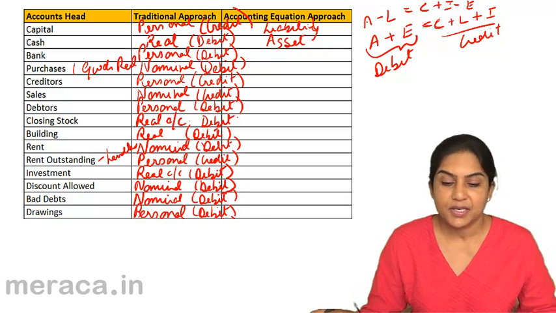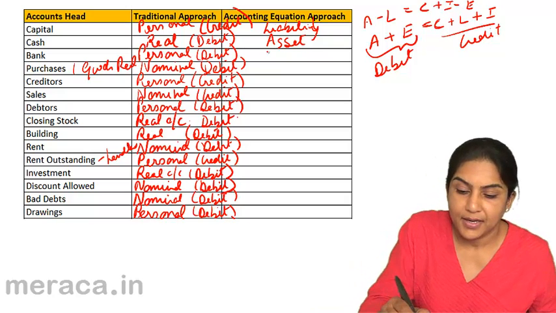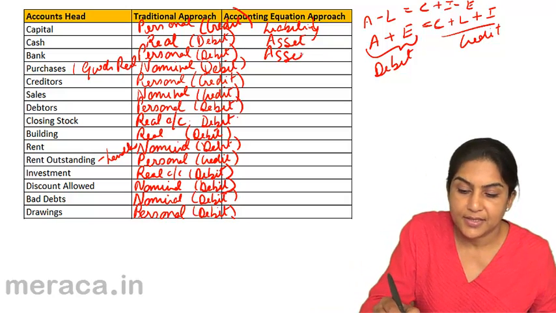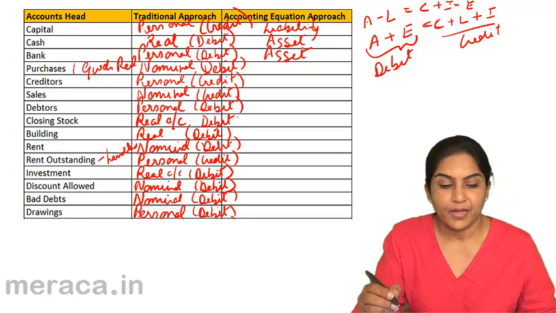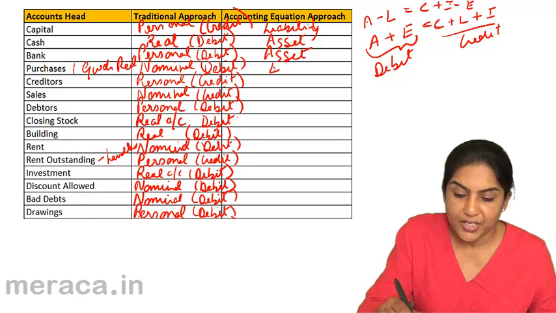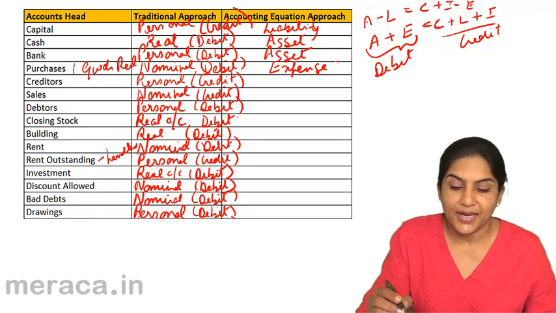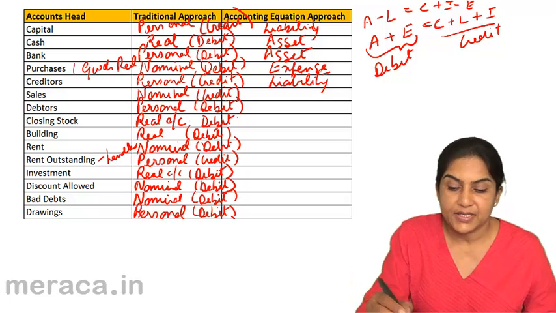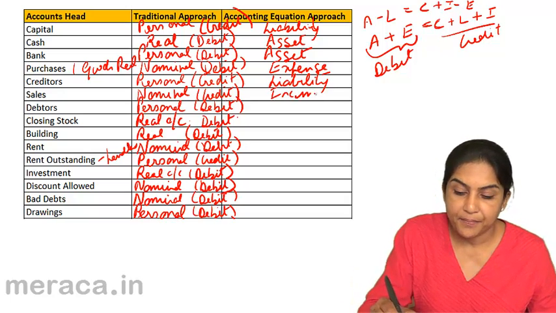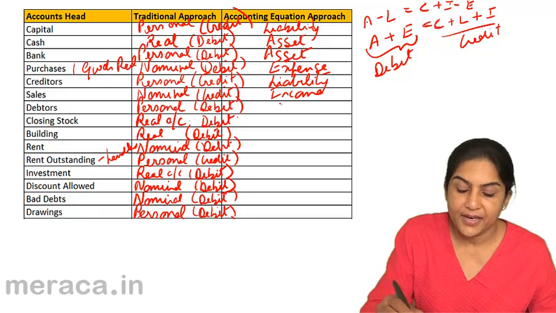What is bank? Asset. What is purchases? Expense. What are creditors? Liability. People to whom we owe money. Sales is an income. Debtor is called an asset. Why? Money is to be received.